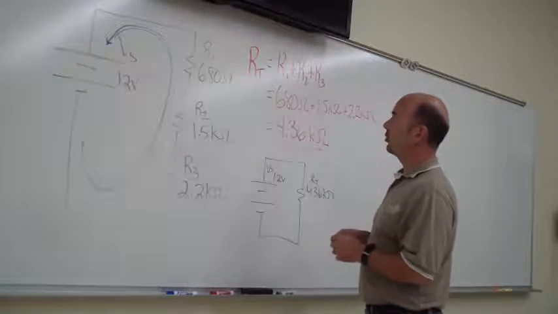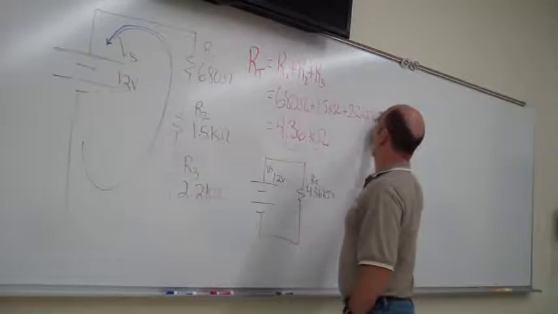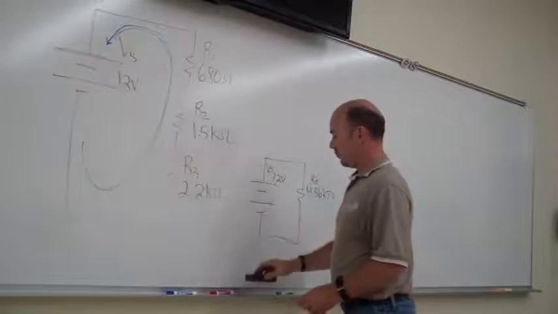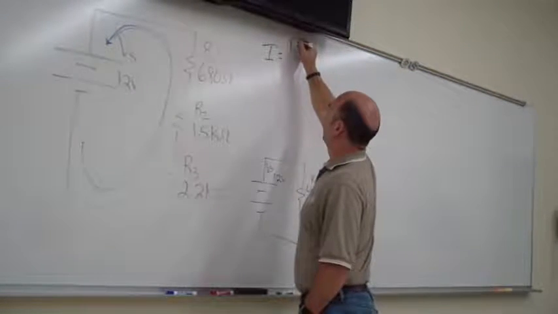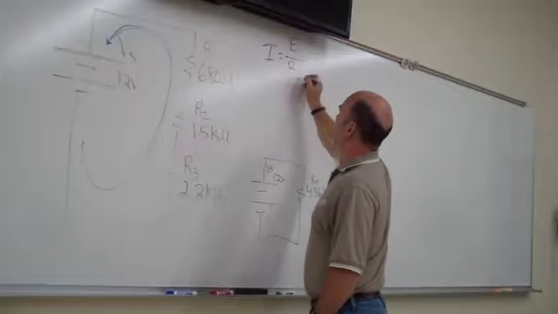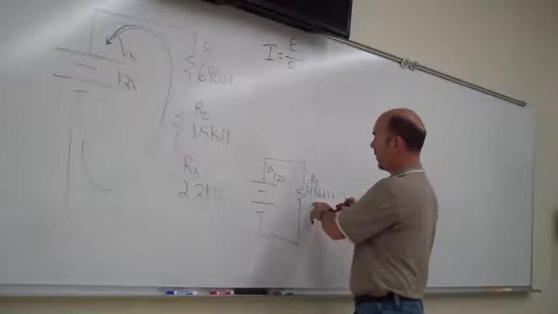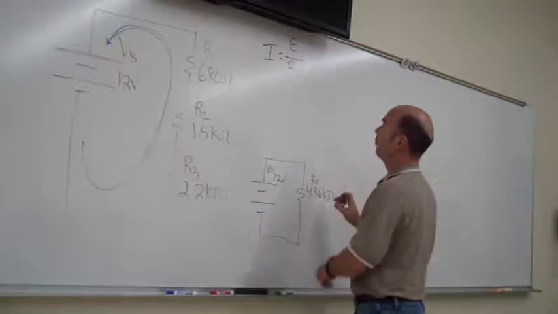Well, to find the current, looking at voltages and everything else, I am going to say that the current, I, is equal to the voltage divided by the resistance. Overall, the total current is going to be based off of this total resistance, not any one individual one, but the overall total.